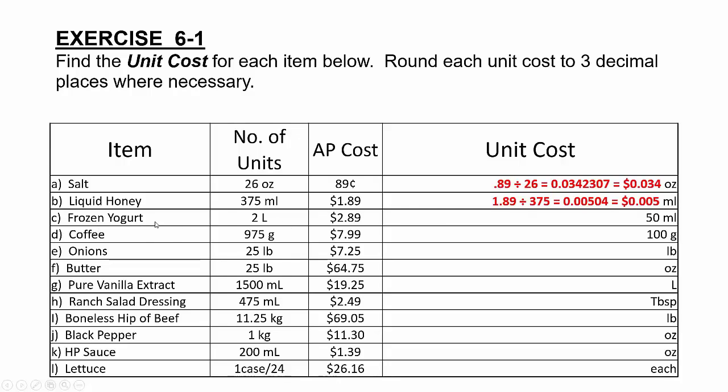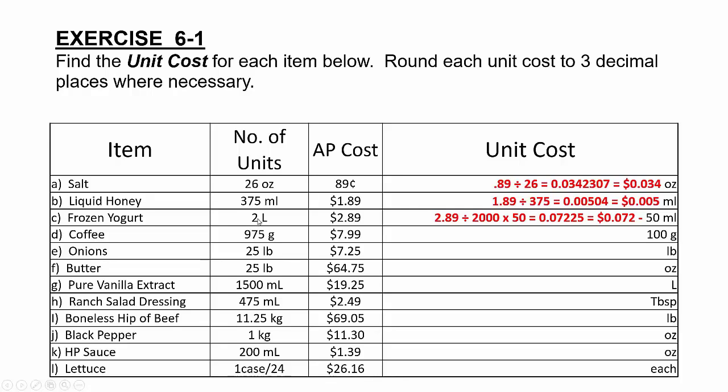We look over here at frozen yogurt. We've purchased 2 liters. We paid $2.89. Bit of a difference here. We're looking for a unit cost of 50 milliliters. This particular recipe is probably calling for 50 milliliters. So what we're going to do is we will still start off with our AP cost of $2.89, but this time we'll divide it by 2,000, the amount of milliliters we find in 2 liters.